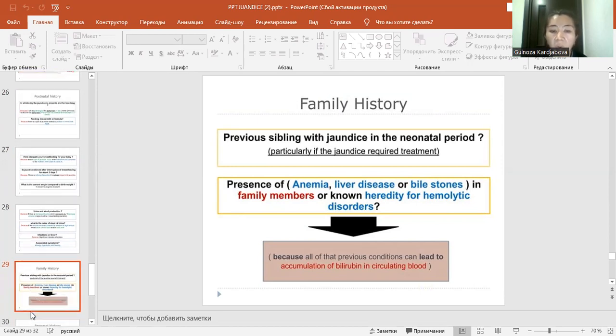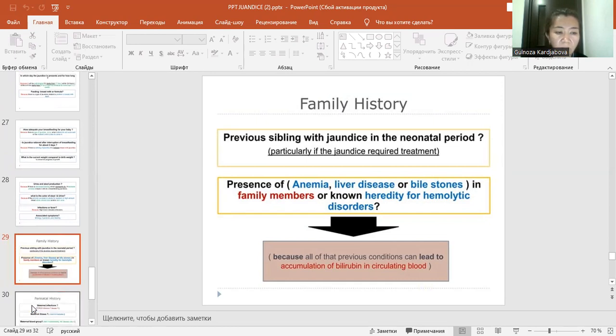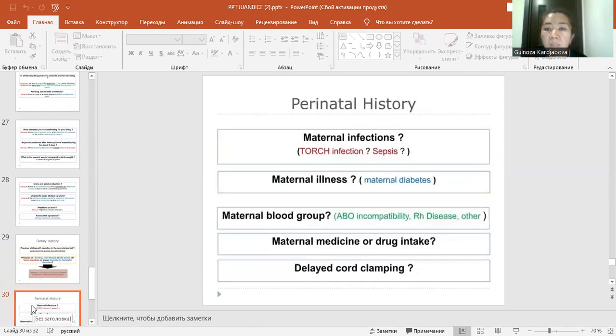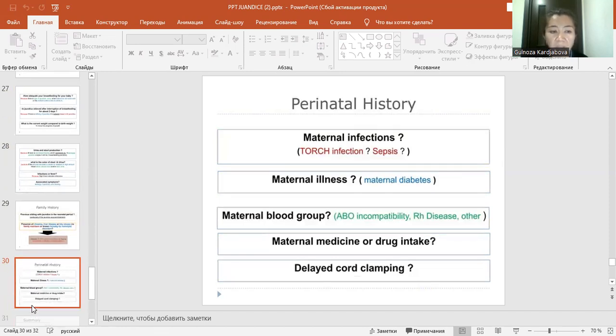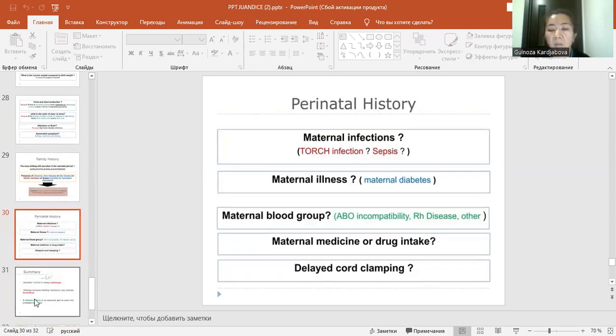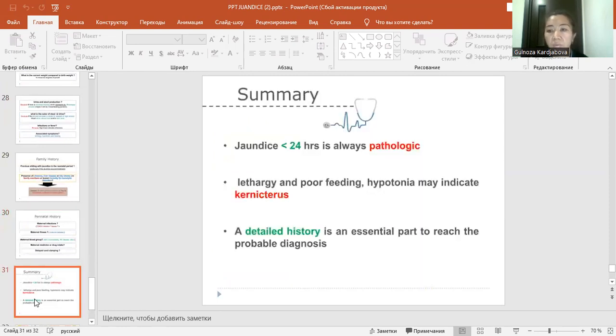All of these conditions can lead to accumulation of bilirubin in the circulating blood. Prenatal history: maternal infections, maternal illnesses, maternal blood group, maternal medicine or drug intake, delayed cord clamping, etc. These are conditions we should clarify when taking the mother's history.